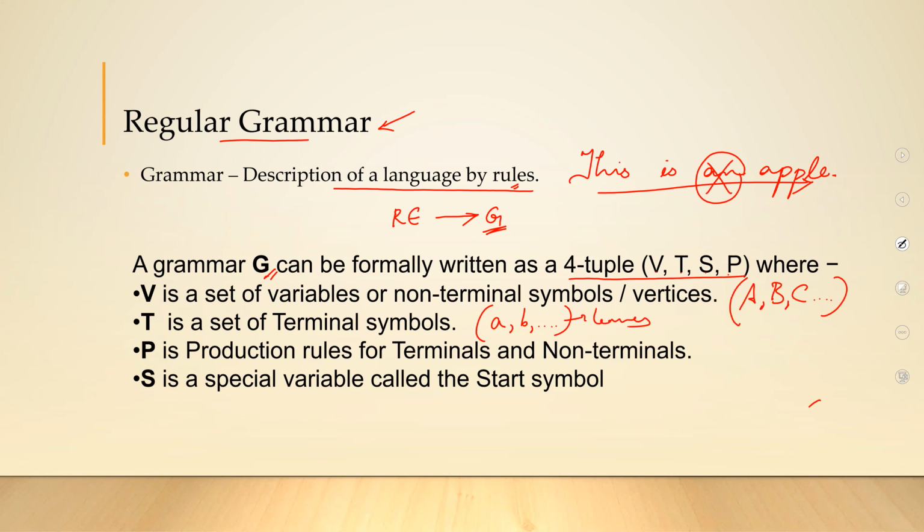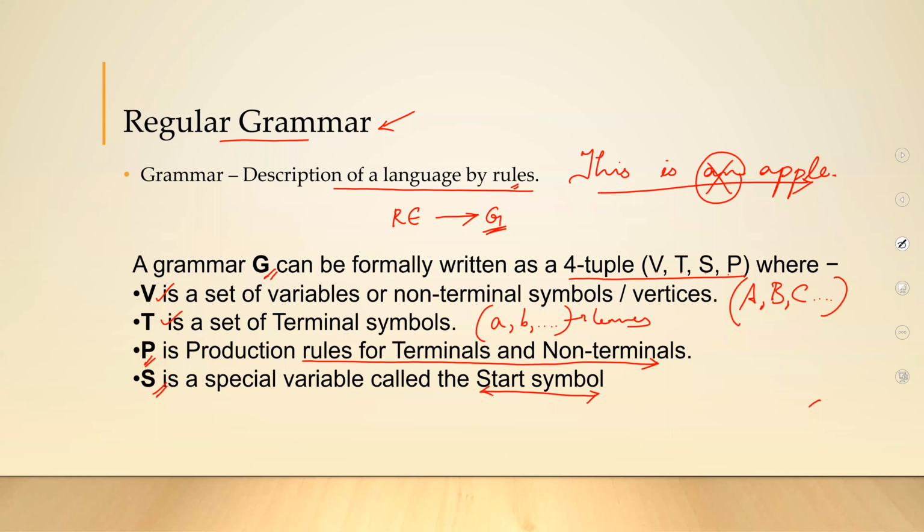Then you have something called P. P is the most important thing in a grammar. It will define your rules, rules for both your vertices and your terminals, or rules for your non-terminals and terminals. And S is a special symbol. You will be calling it a start symbol.